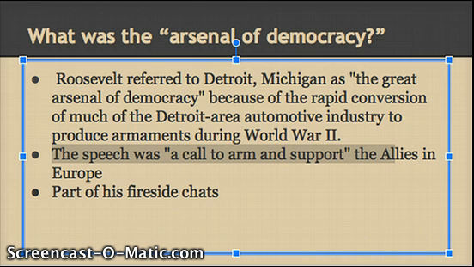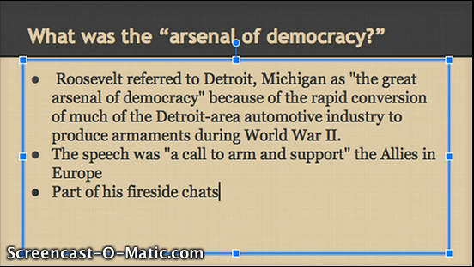The arsenal of democracy was something that President Roosevelt once referred to during his fireside chats. The fireside chats were something he did for the country, which was when the radio first came out, it was used as a tool.